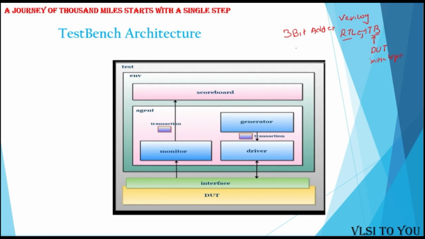Since this is a 3-bit adder, you will have A, B, C, with values from 000 to 111. So there is a total of 8 possible values for the 3-bit adder, and you will manually pass these 8 values in your Verilog testbench.